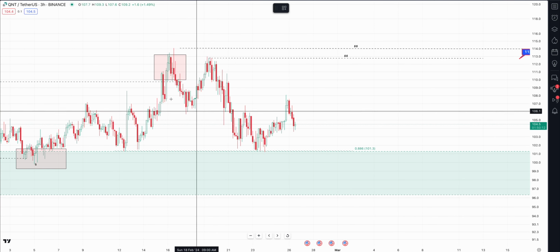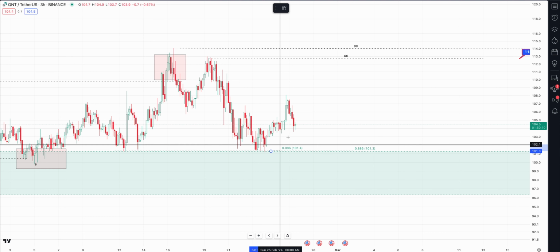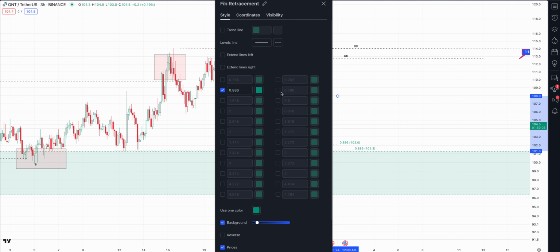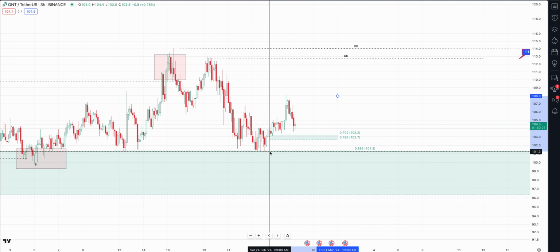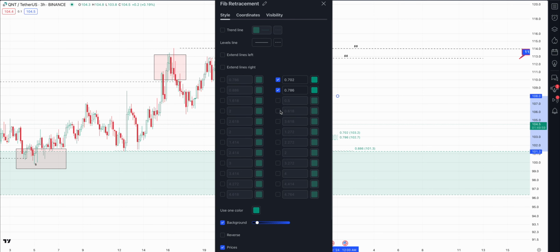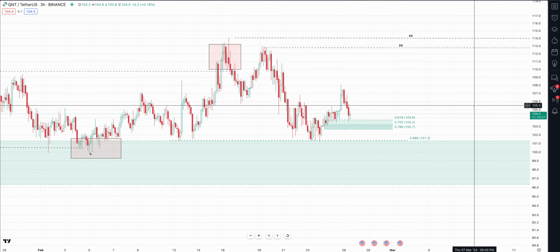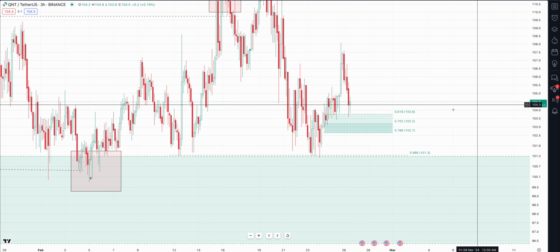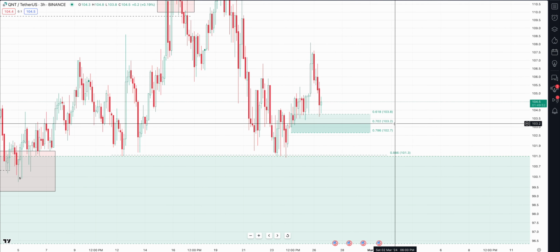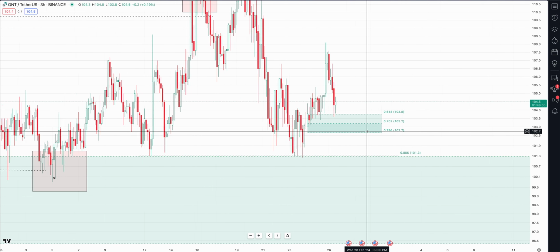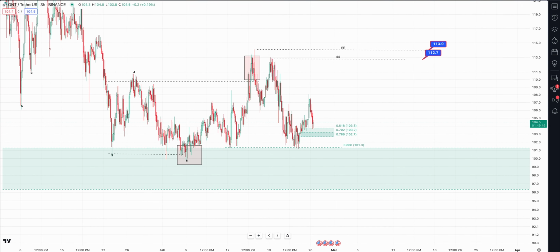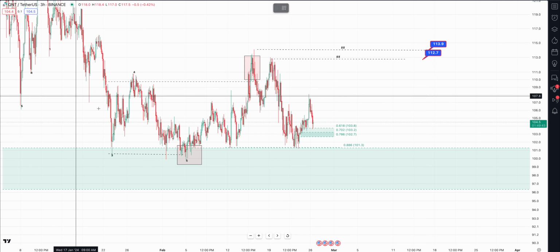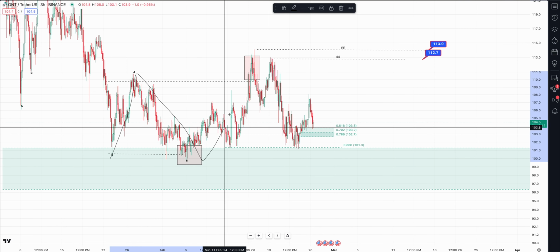Now remember, we are currently holding the 61.8% fib. If we go below 103.2 or 102.7, then it's likely this over here was an A, B, C correction.